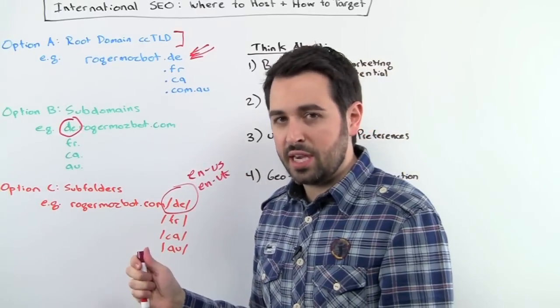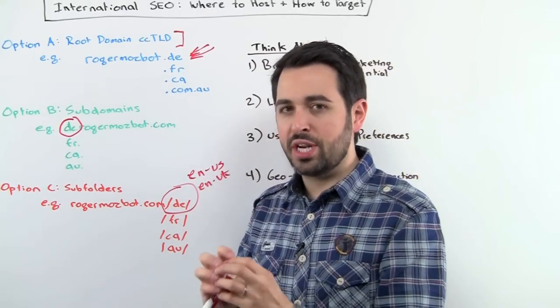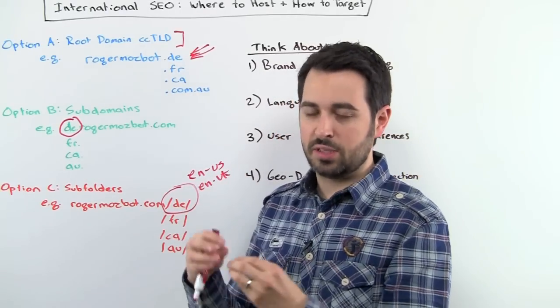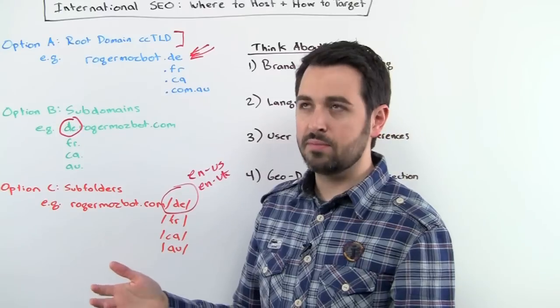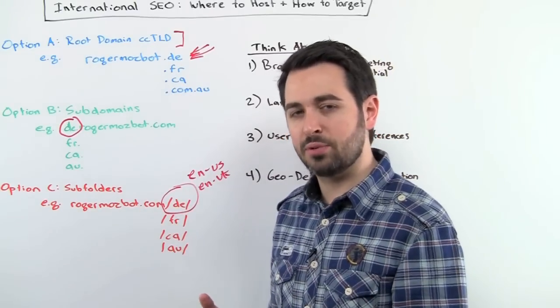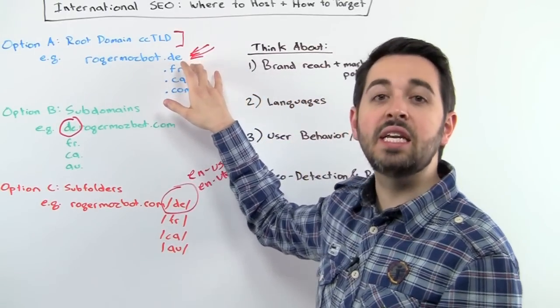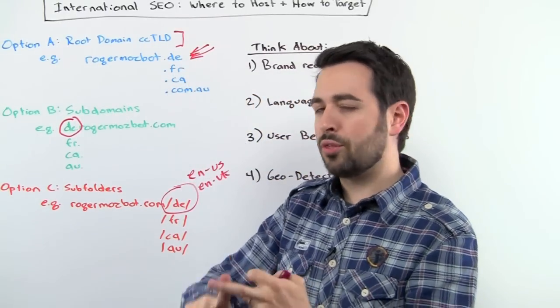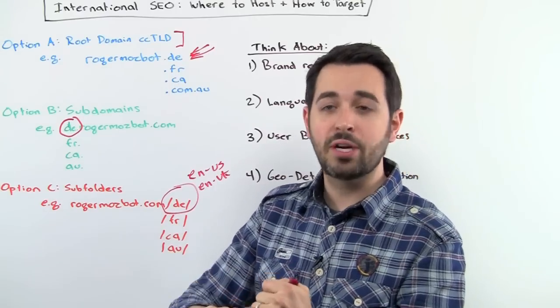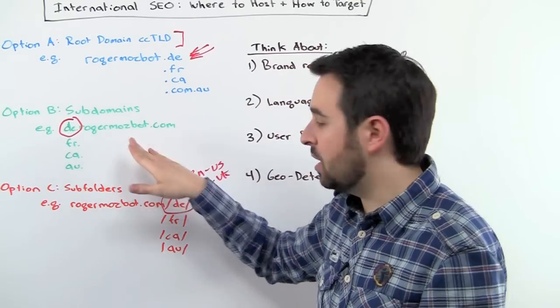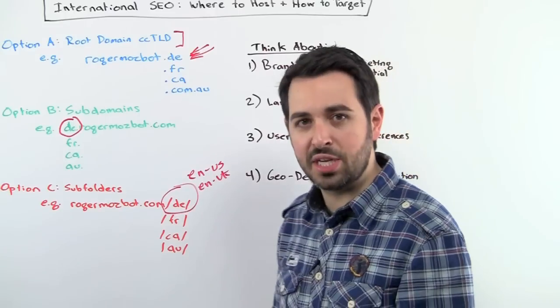And then there's also the issue of the search engines having a very strong, especially Google, and particularly over the last few years, it seemed particularly strong that essentially a .de website doesn't need nearly the links or authority or ranking power or metrics that a de.rogermosbot or a rogermosbot.com/de needs.